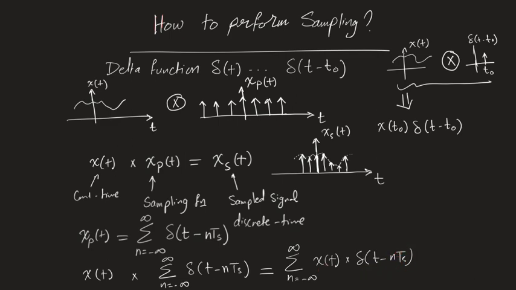So I can write this, from what we did here, as, again, the summation, nothing changes about the summation, to infinity, and then I have x at the location of the delta, which becomes x at nTs, multiplied still by the delta.